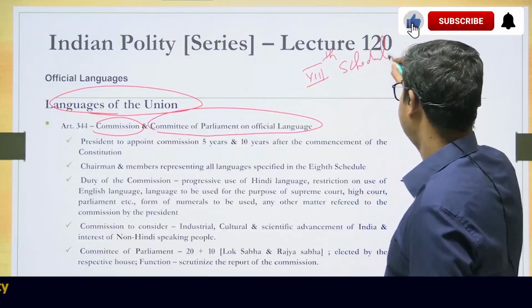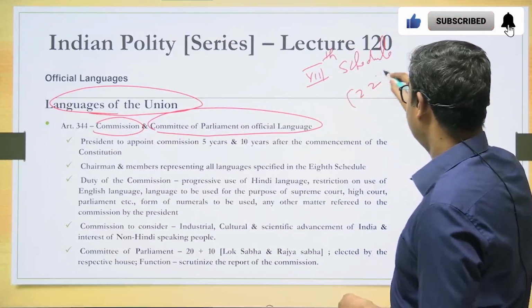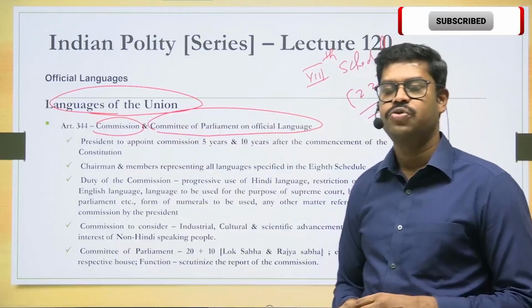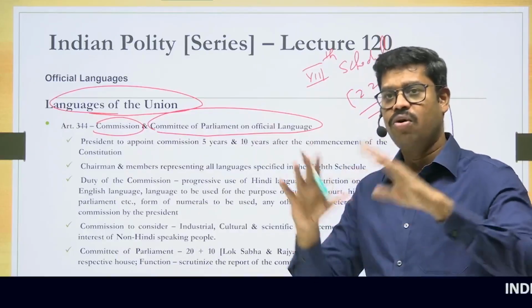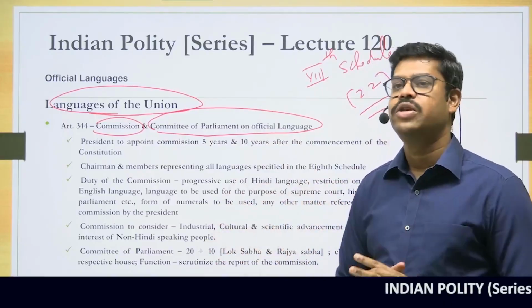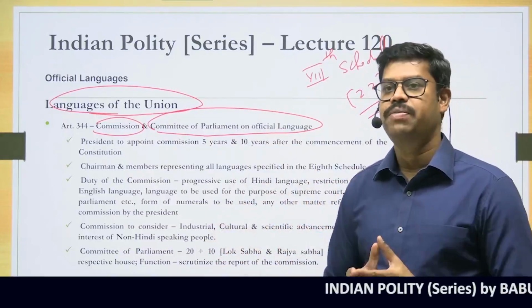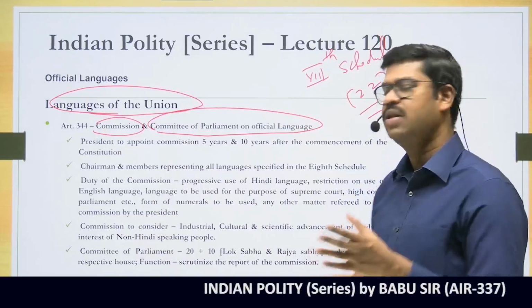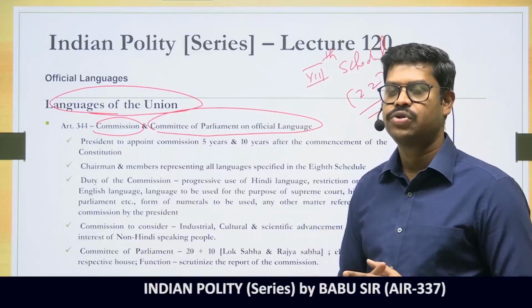So this commission shall have members and chairpersons from all these 22 languages, and the commission shall be appointed by the President 5 years after the commencement of the Constitution and then 10 years after the commencement of the Constitution.